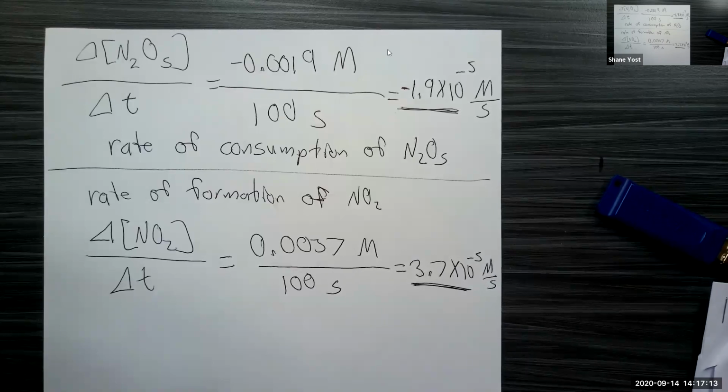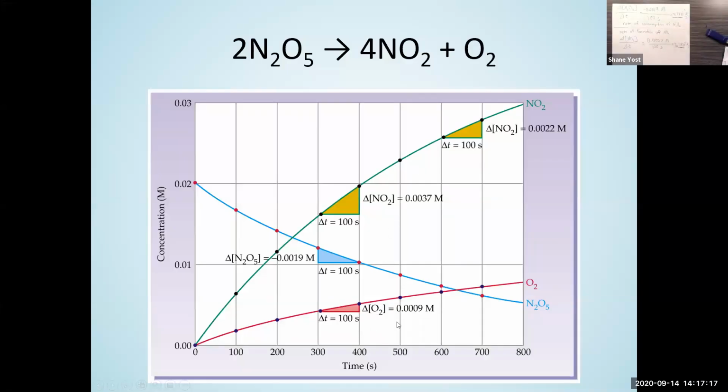If we go back to the slide here, you'll see that the change in concentration of O2 is 0.009 molar over that same time interval of 100 seconds. What you see is that this is roughly half of N2O5. It's 4 times less than NO2.